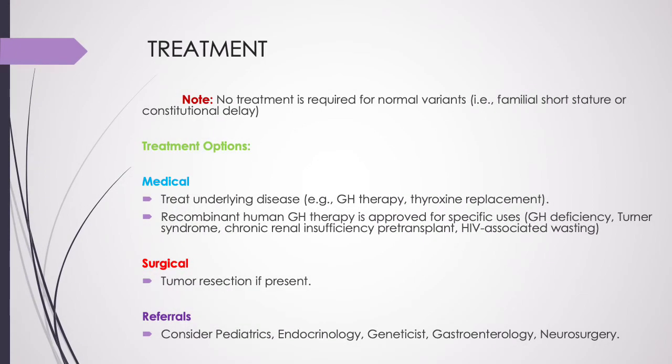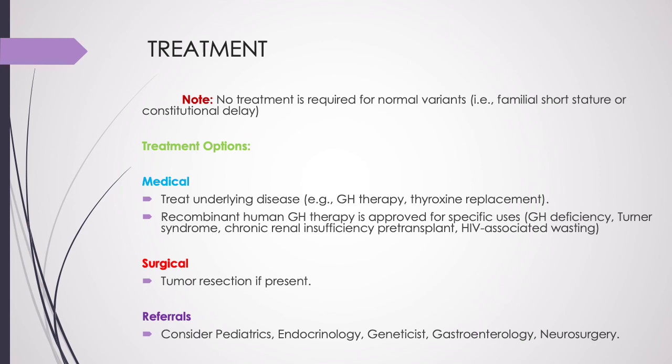And the treatment: no treatment is required for normal variants, familial short stature or constitutional delay. However, the treatment options for the other cases, medical, is treating the underlying disease, such as growth hormone therapy or thyroxine therapy.